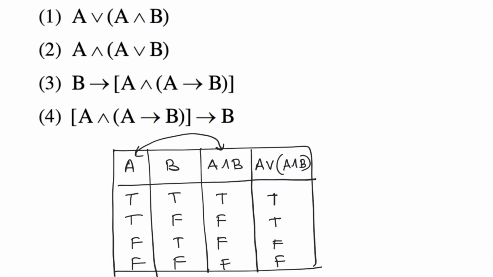If it were a tautology, you should get T in every row. Do you observe that our first column and the last column are exactly the same? So this means that A or (A and B) is logically equivalent to A.